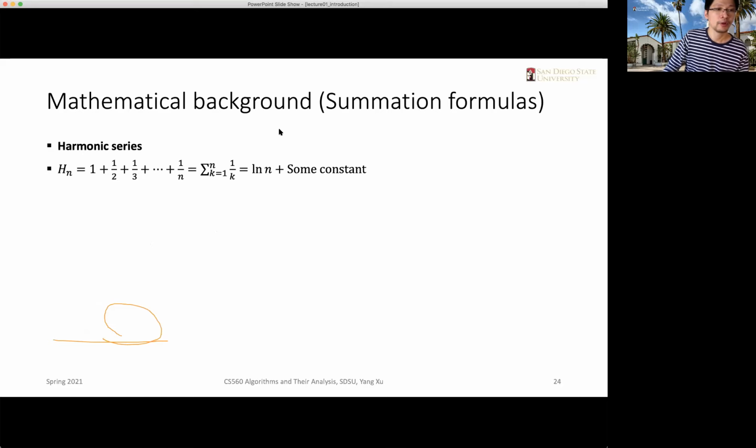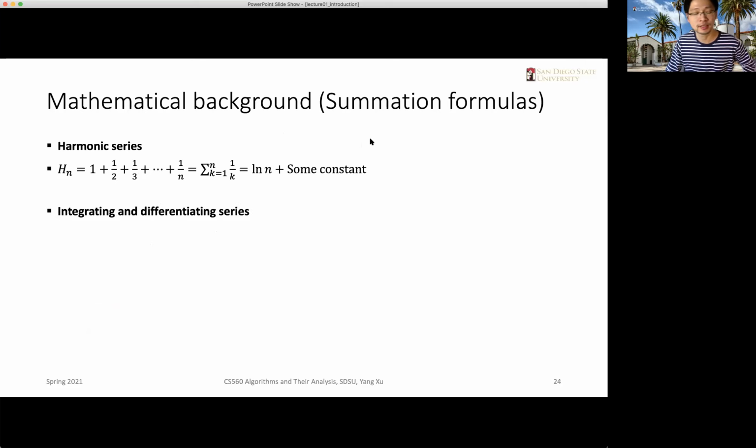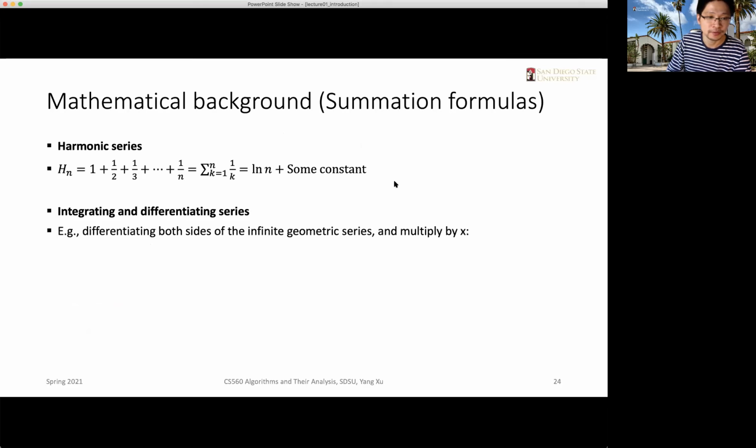The harmonic series is not used that often, but we may see its application once in the semester. Integrating and differentiating series is another special application.